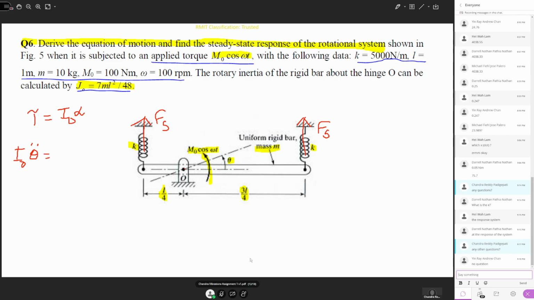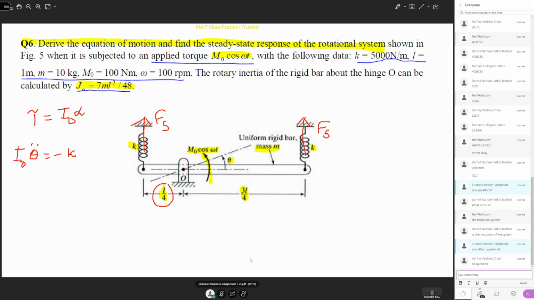the moment due to the spring force. So what is the moment due to the spring force? Spring force, you can write K into X. What is X in this case? You know there is a relationship: this distance is L over 4.